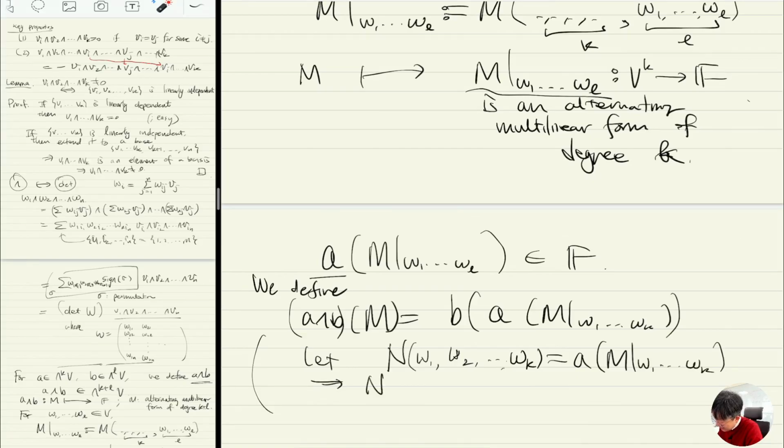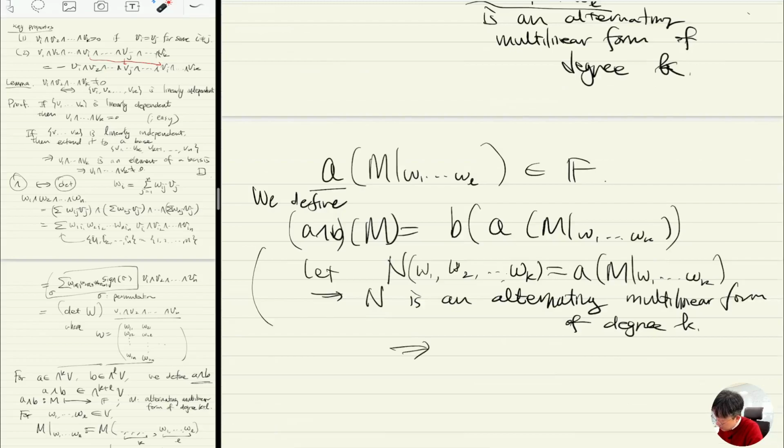Then N is an alternating multilinear form of degree K. So B of N is defined, right? So that's what I mean by this. So the A wedge B is well defined, right?